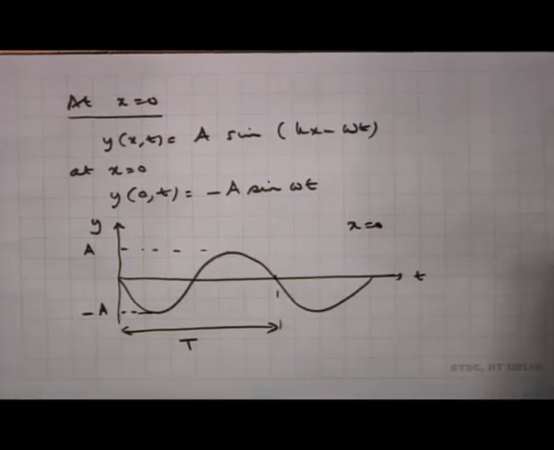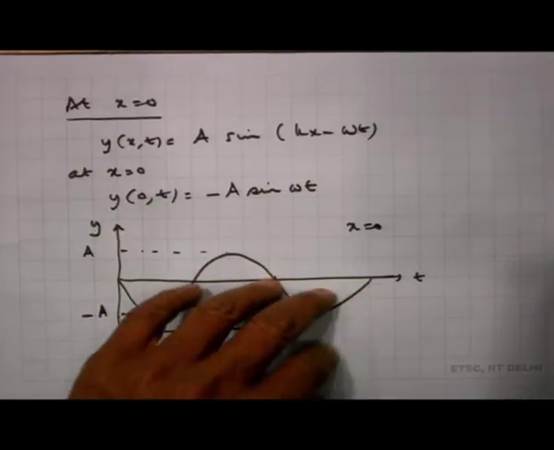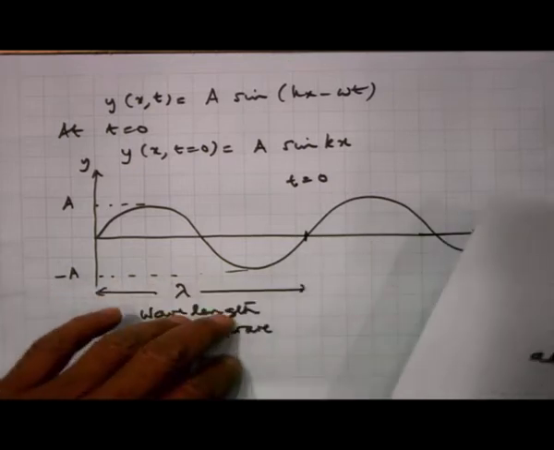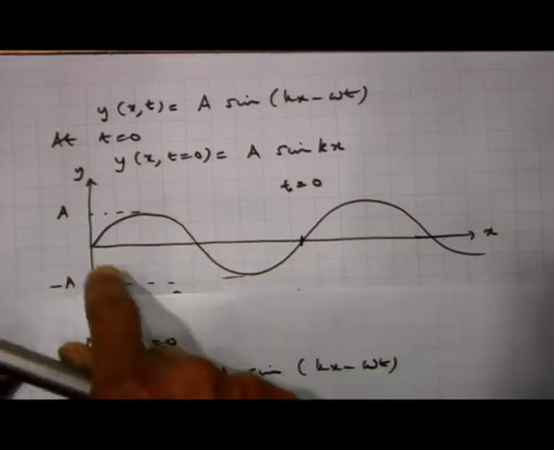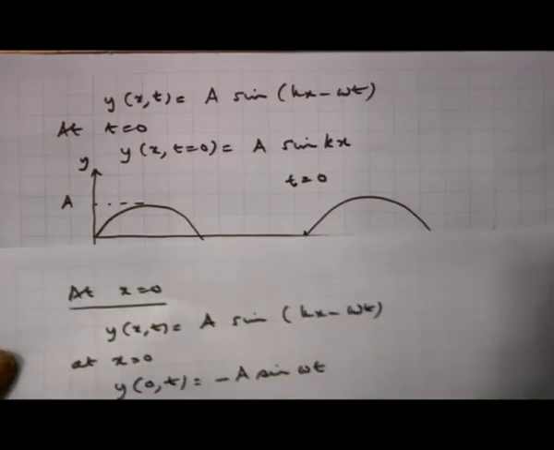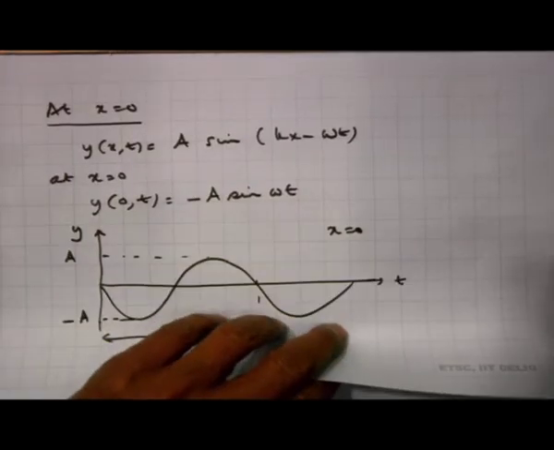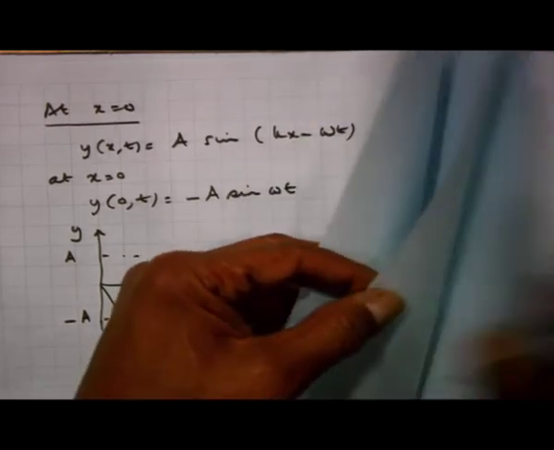That means, I position myself at a point on the string and see how that point on the string moves up and down as a function of time, and that is as a function of time here, this is a function of space coordinate here. So, we must be very careful in analyzing these two figures. One is the shape of the displacement of the string as a function of position, the other is the displacement of the string as a function of time. So, these two are important aspects. Now, I want to show you that this is a propagating wave, that this wave is propagating.